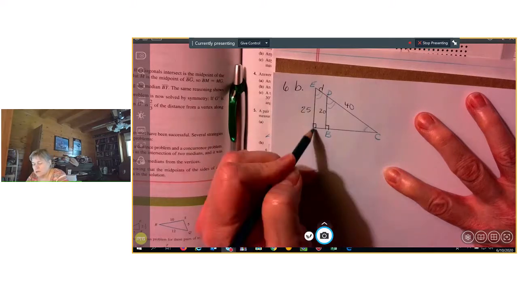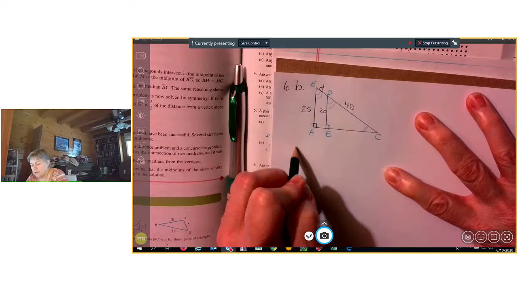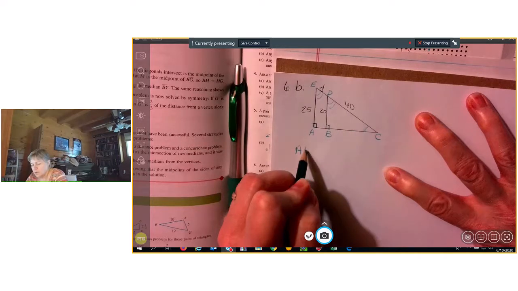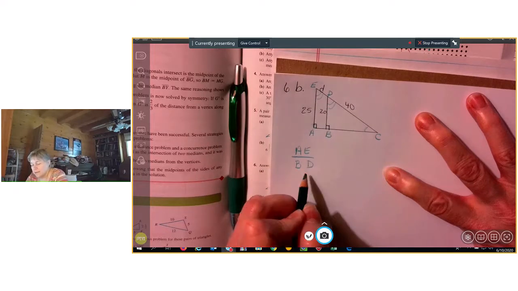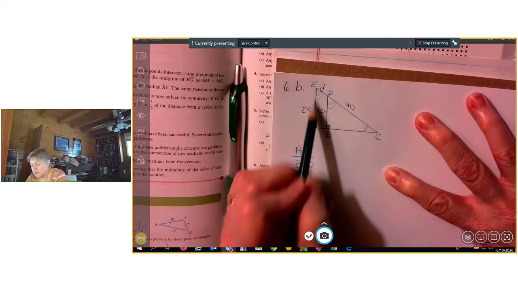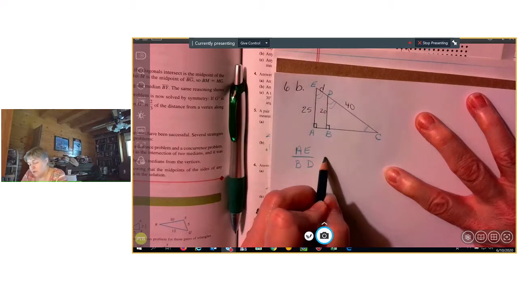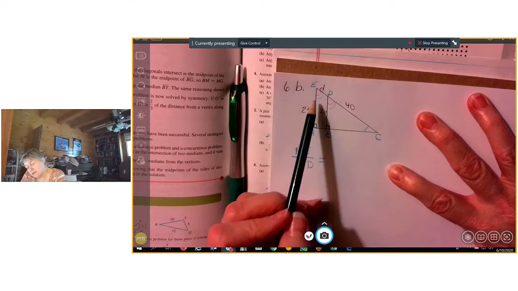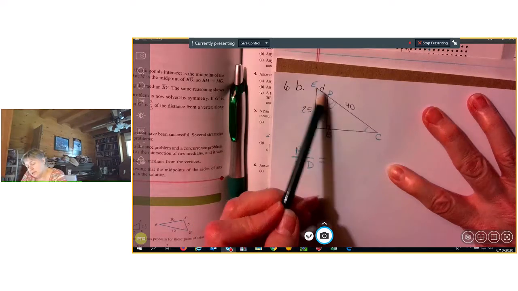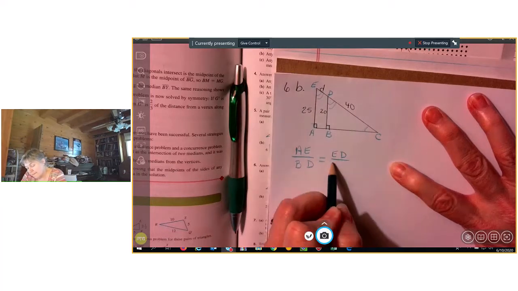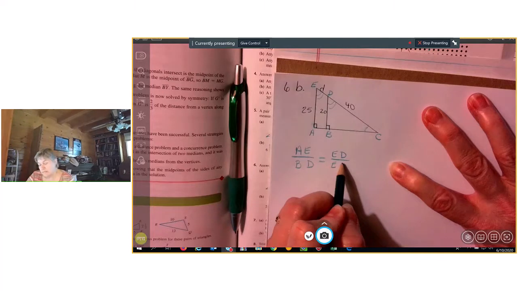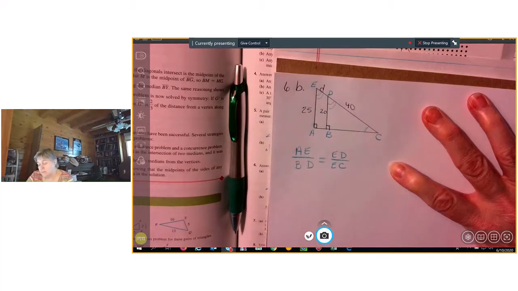So because I both have a 90 degree angle here, I can say that AE is in proportion to BD. And so that means these two lines are in a scale proportion to each other. So then if I did that, then ED would be in proportion to EC. Sorry.